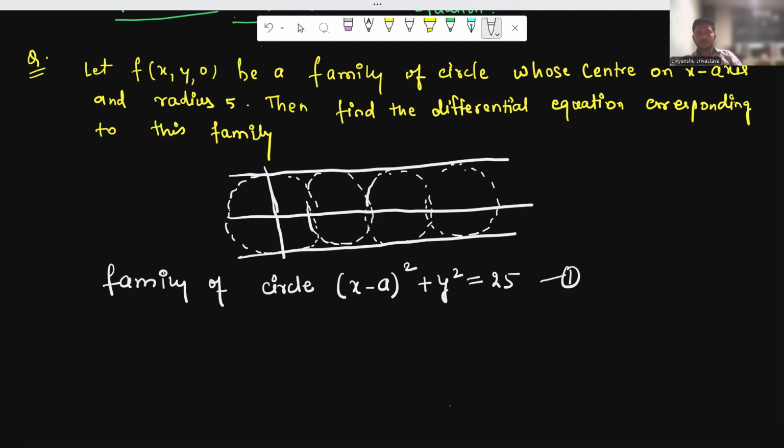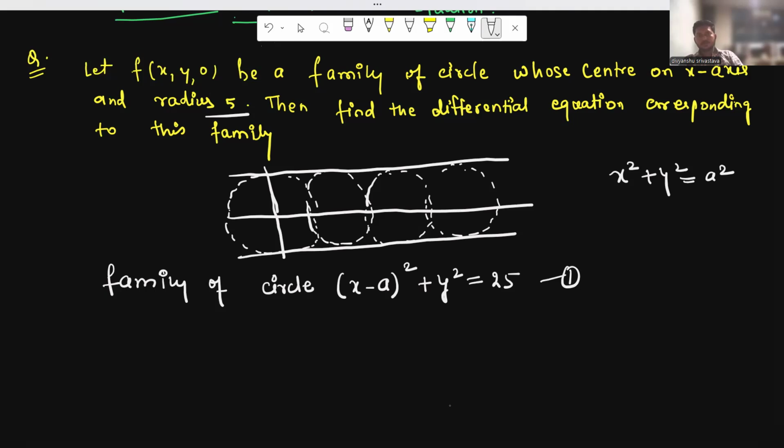This is your first equation, because the radius is 5, and a square is your radius square. Here we talk about a center on the x-axis and radius 5. So these are the family of circles, represented like this.